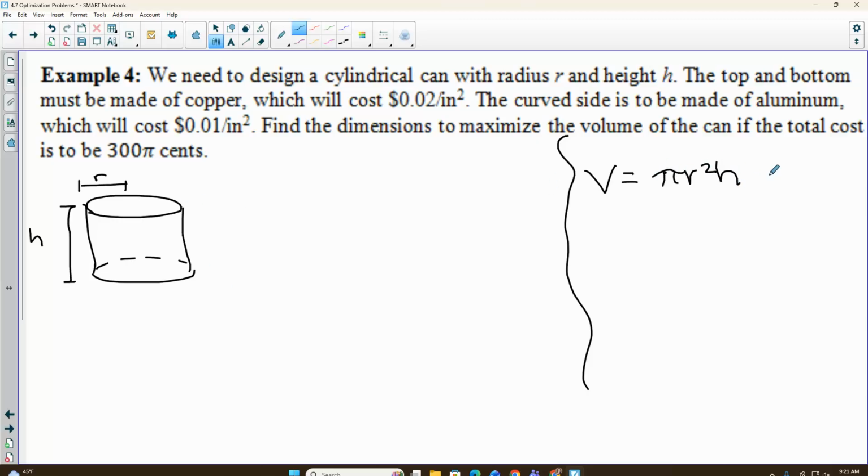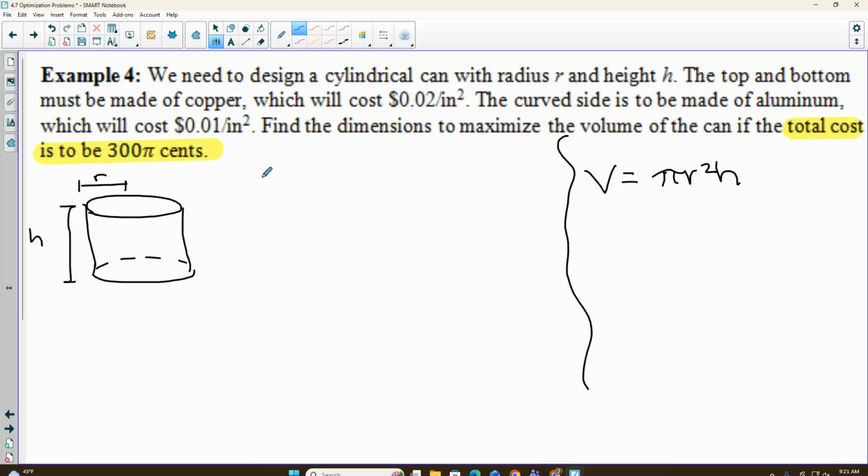So pi r squared h. Can I do the derivative of that yet? Pi r squared h. We have two variables in there, right? R and h. So we need to get rid of one of them. That's where the other information comes in. We know the total cost of the can is 300 pi cents. So I'm going to use that so I can get rid of one of these variables.